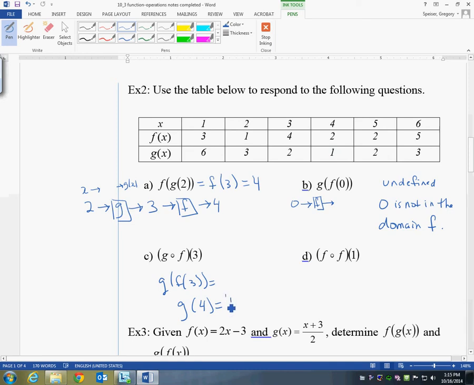So 1 is my answer. D is f of f at 1. So I start off with an x value of 1, and f at 1 is equal to 3. So that is equal to f at 3. Now 3 becomes my new x value, and I plug that into the function f again, and I get 4.